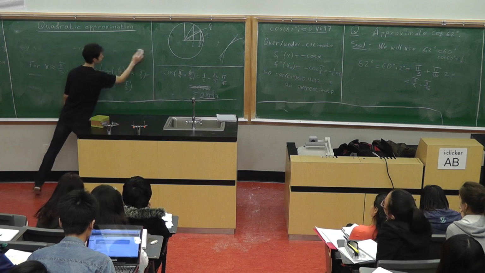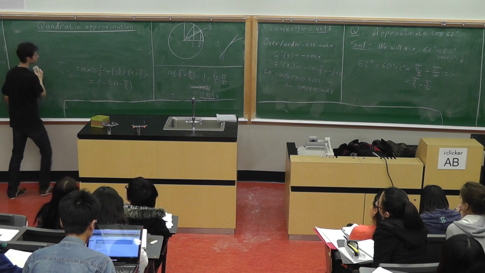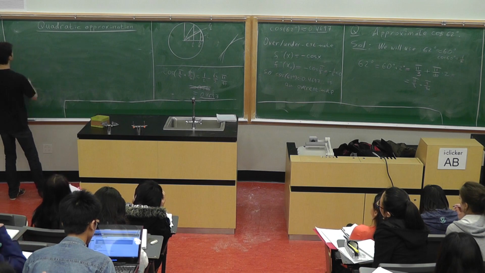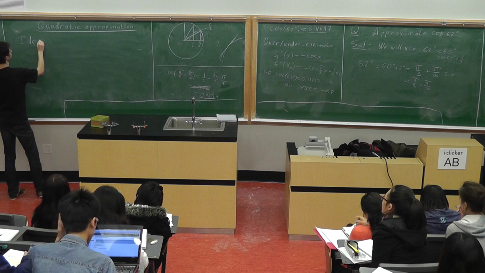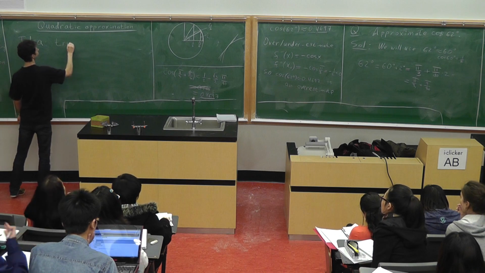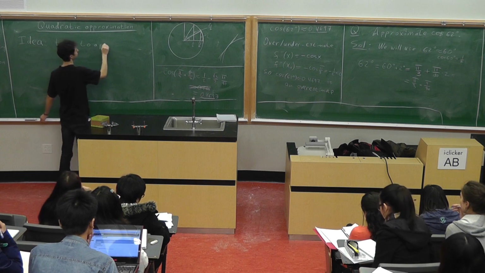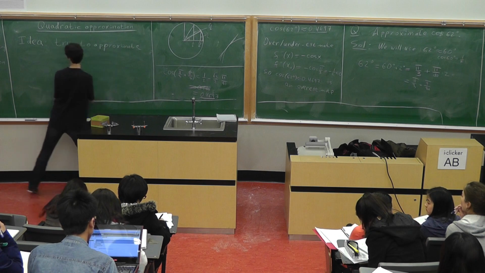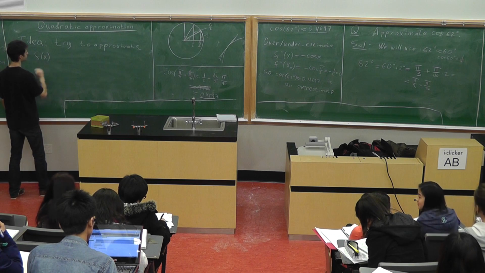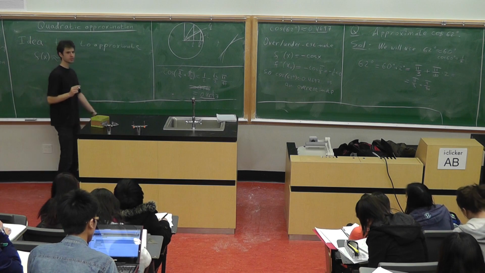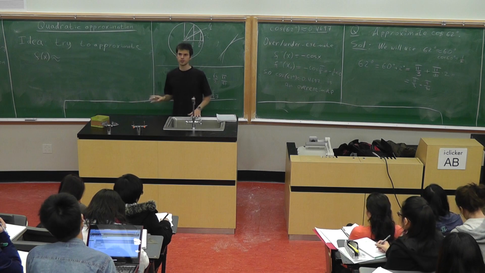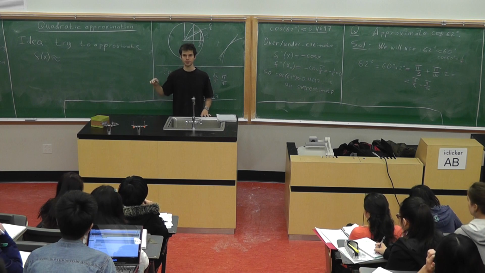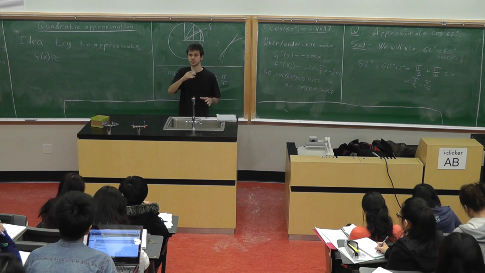So I'll start not with giving a formula, but rather with giving an idea of what we are trying to do. The idea: try to approximate f of x using not a linear polynomial, not a polynomial which describes a line, but rather a quadratic polynomial, something that describes a parabola.